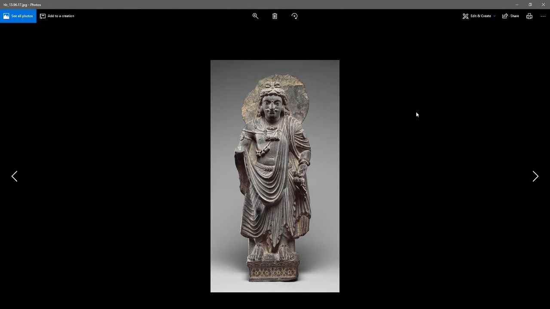So here's another depiction. So you can see in this style, the robes are actually not what we would recognize for what the Buddha wore, and actually they're more in the style of Hellenistic Greece.